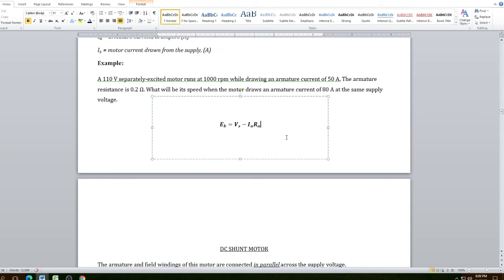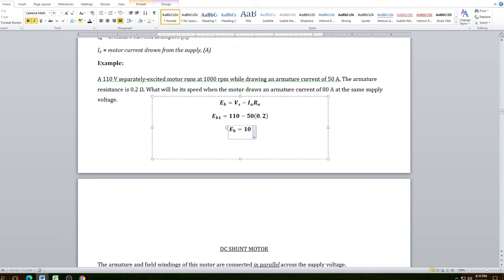So EB1 is 110 minus 50 times 0.2, which is 100.